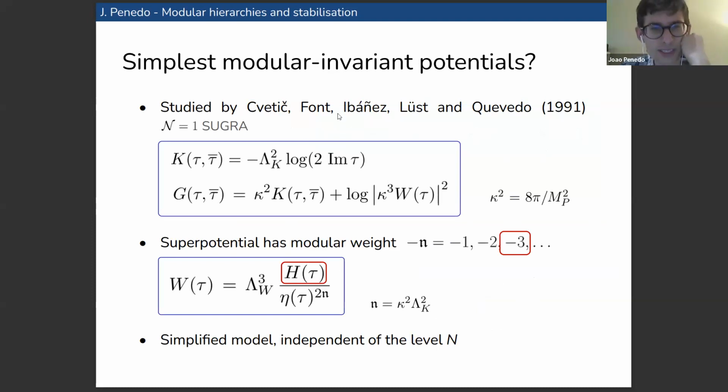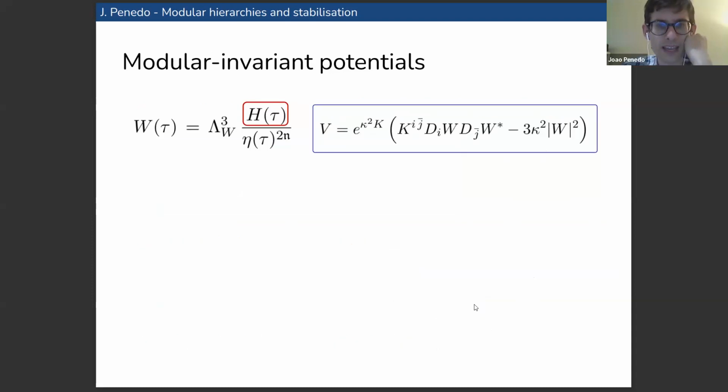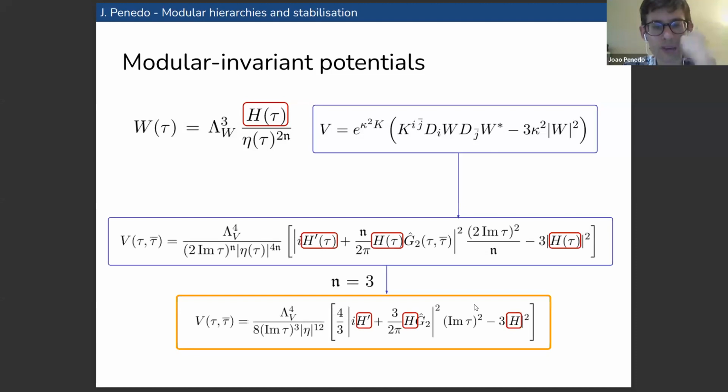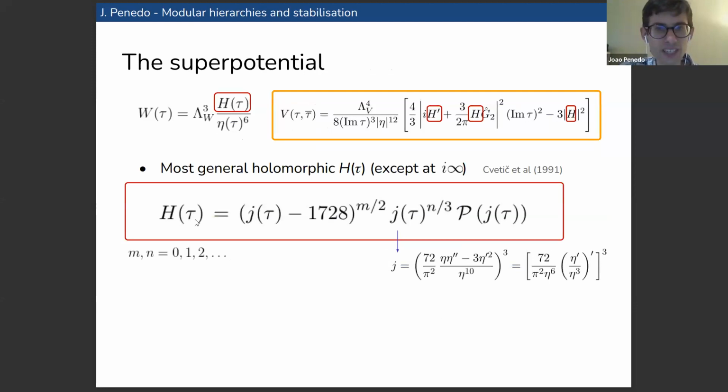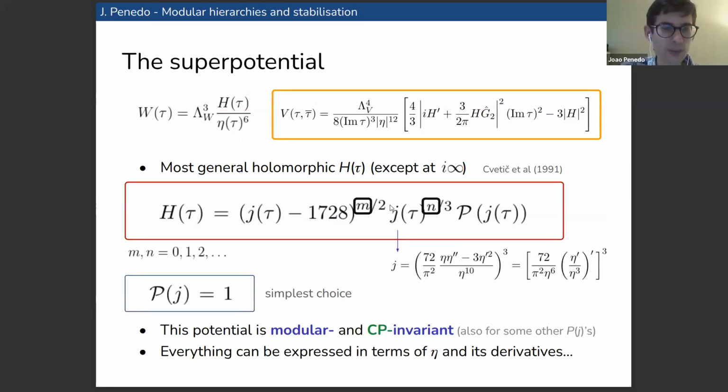So what we did is just follow their choices, and what we find is for this simple case n equals 3, which is actually motivated by the number of dimensions you need to compactify. You need to compactify 3 complex dimensions, and you find the potential given as a function of h, which in the simple case is also just a function of 2 integers.